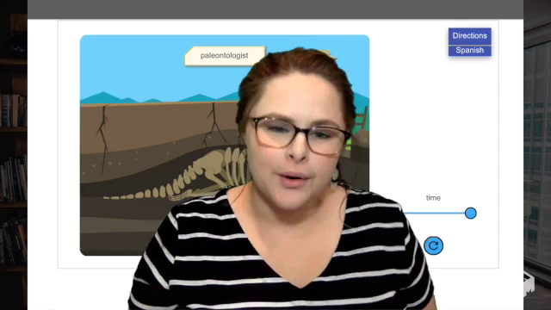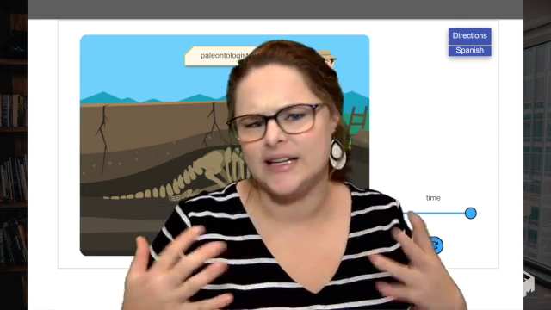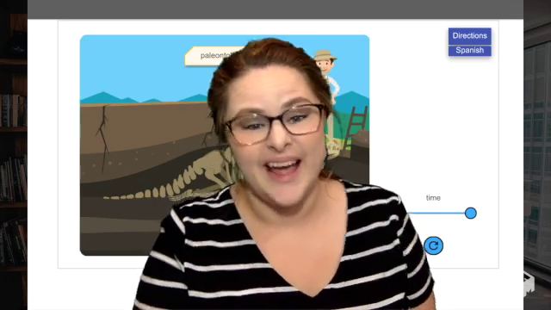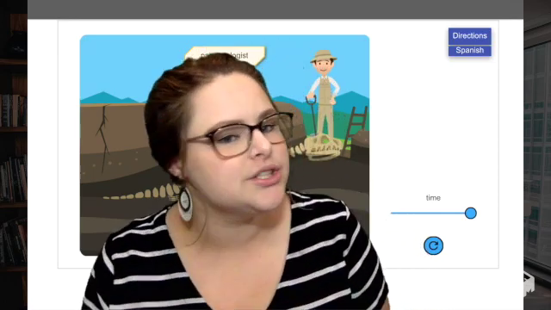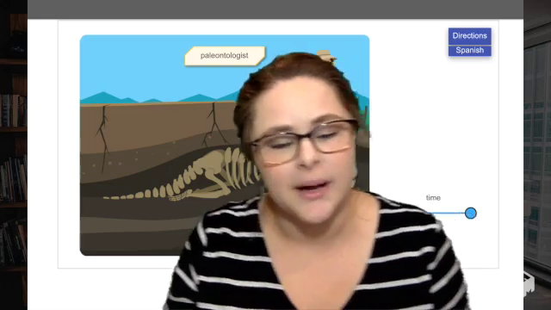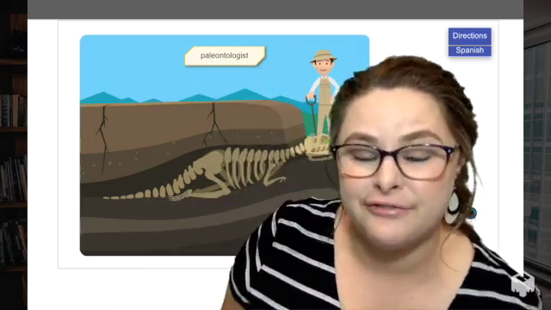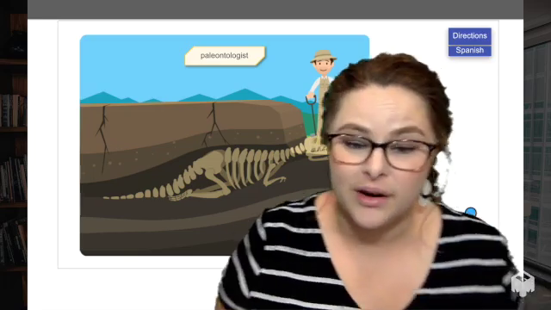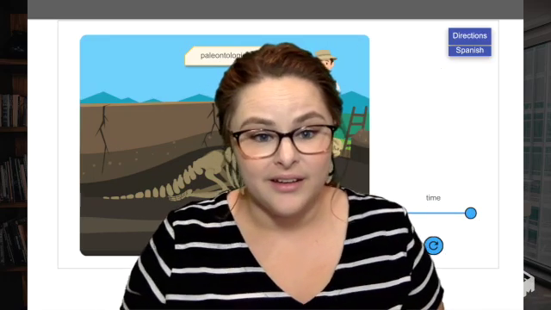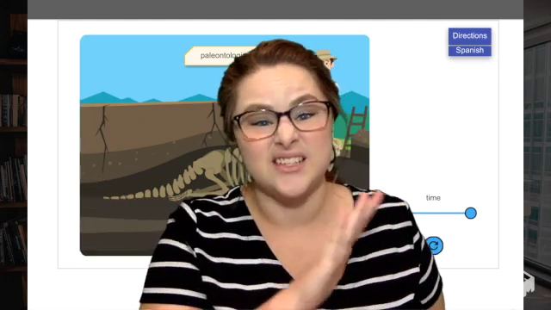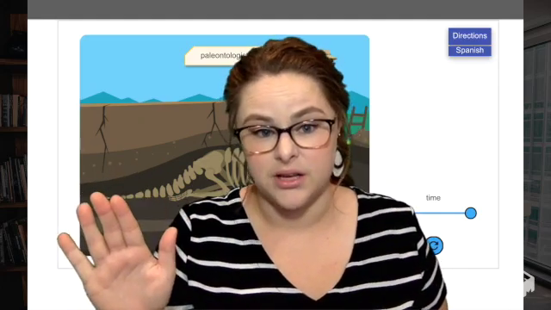So before we get started, I want to take a look at some of those words that were in that article. I heard the word extinct, and I'm pretty sure that some of you know what that word means, but extinct means that there are no longer any family members of a certain organism that are living. So no family members, meaning that that family is totally gone from the earth.